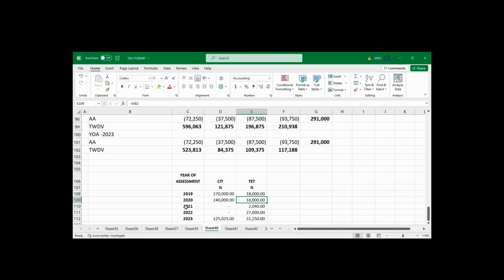While for the 2021 year of assessment, that is the post-pioneer period, no CIT, you pay TET.